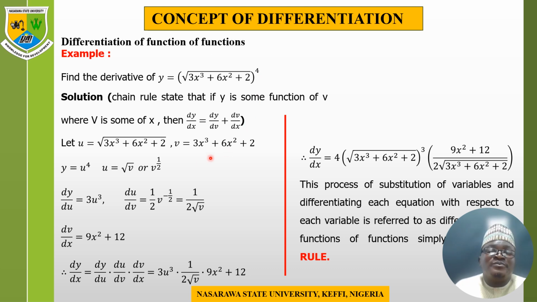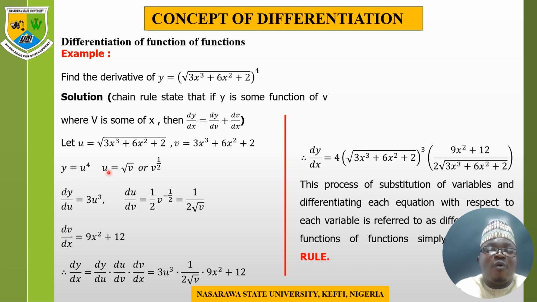Then now, look at it, we can rewrite it as this here. Then what we are saying in general, in a simpler way, you are going to let this one to be your u. If you let this one to be your u, your y is going to be changed to u raised to power 4. Then you differentiate y with respect to u to get you du dx.